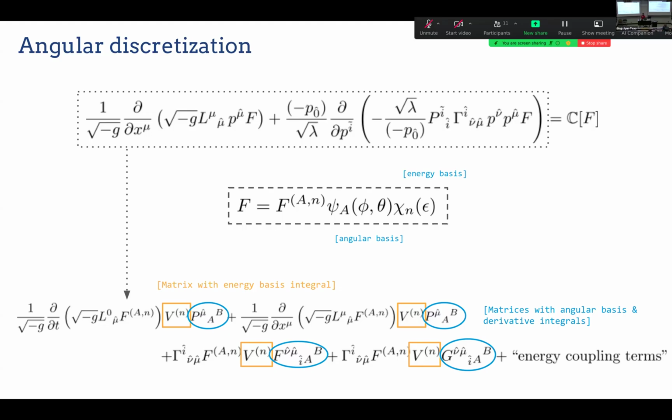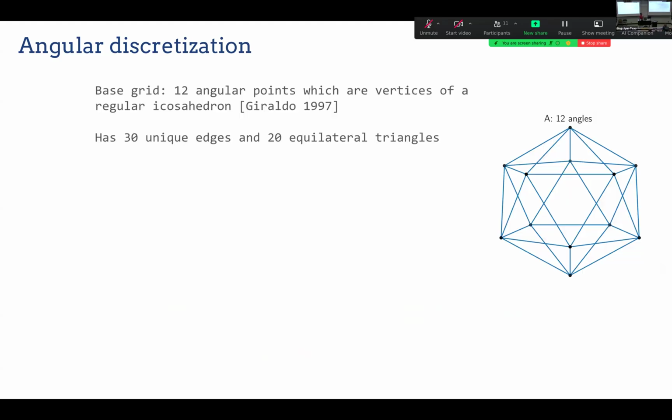So for the finite element type approach, we will choose a specific basis function that I will describe now. For the angular part of the Boltzmann system, we try to discretize using geodesic grids. One of the reasons we use geodesic grids is that internally in the code, every vertex, which corresponds to an angle theta phi on my grid, is represented in Cartesian coordinates.